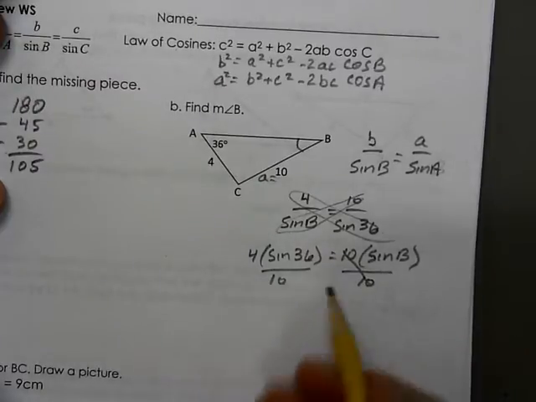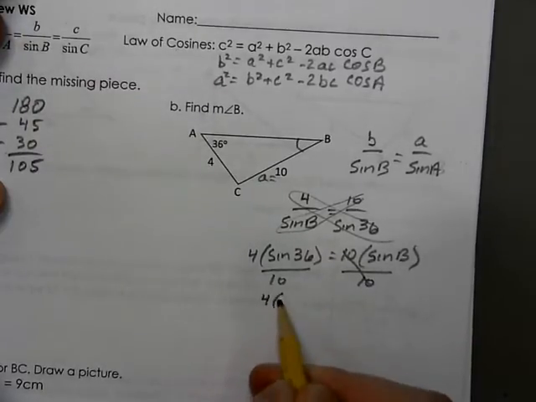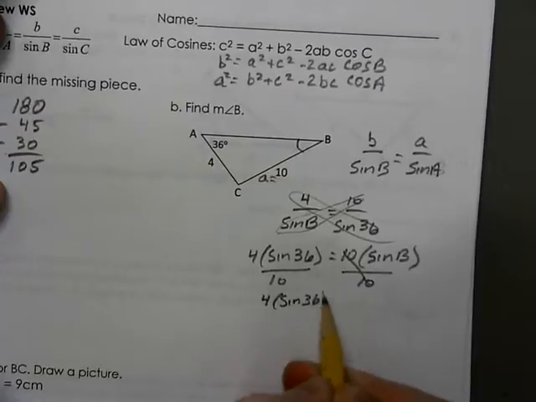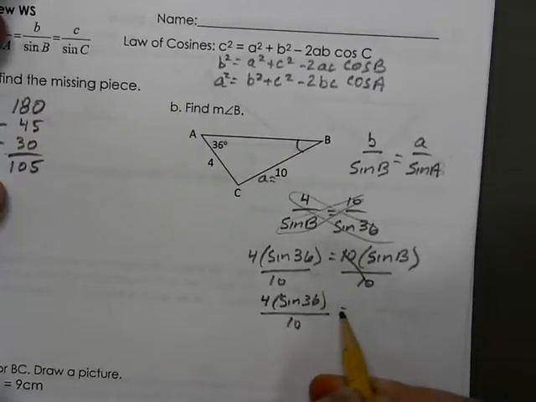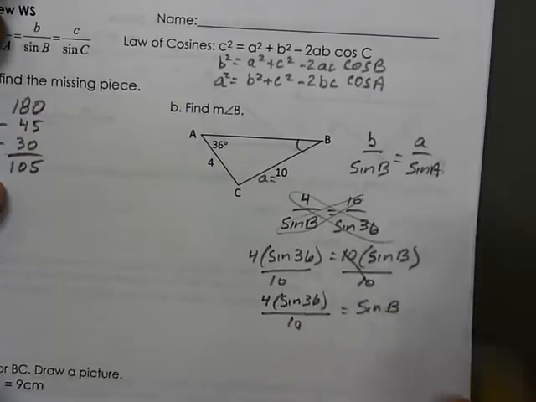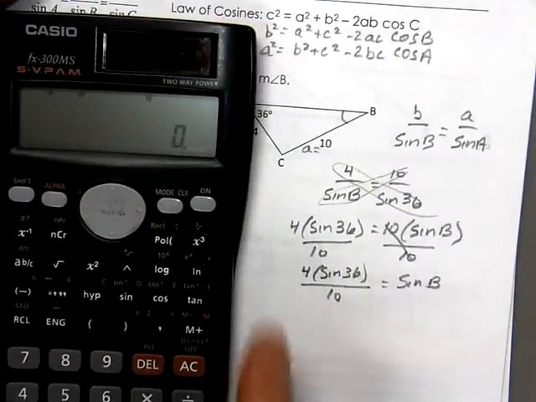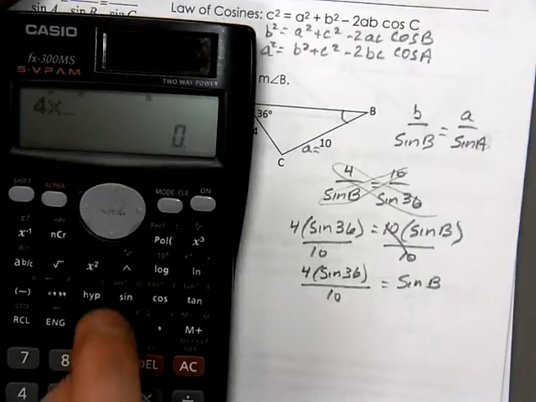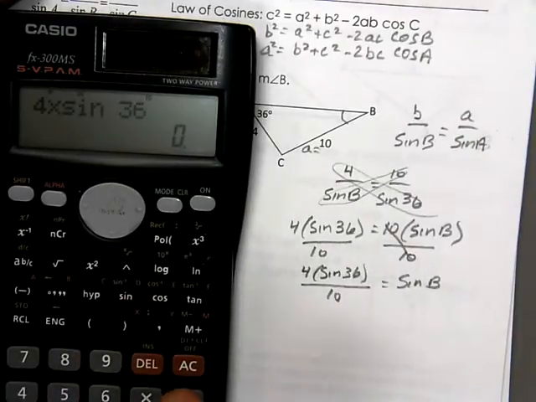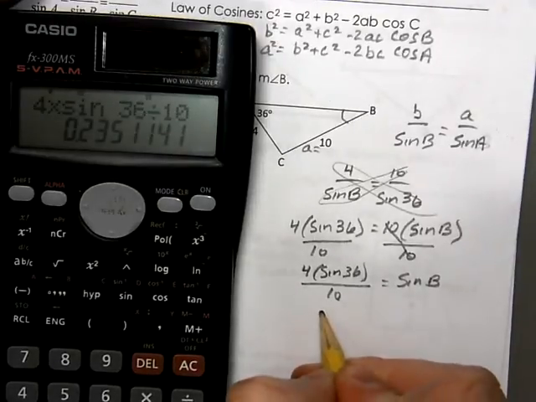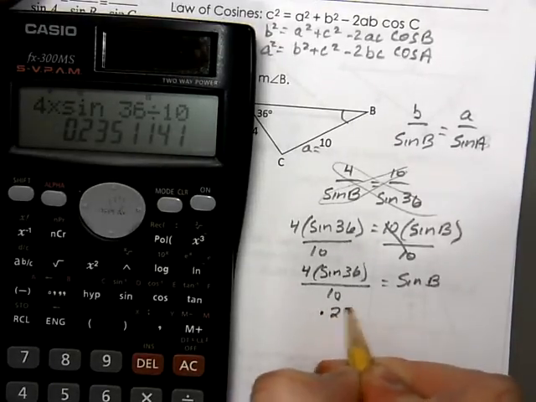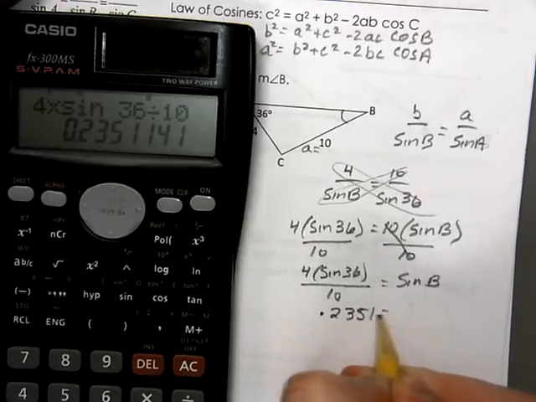You could reduce this fraction if you wish, but since we're going to use a calculator anyway, four times the sine of 36 divided by 10. And that's going to give us 0.2351.